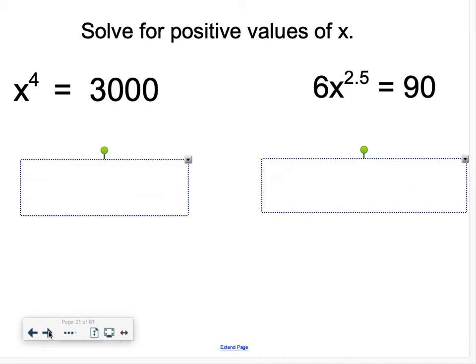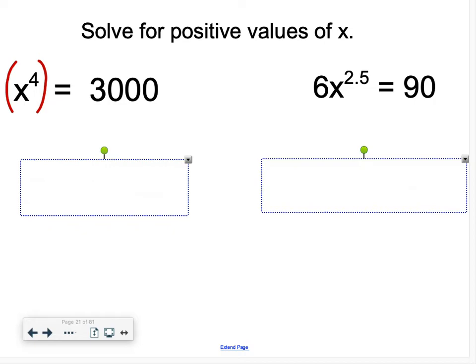Or if you think about it, how would you undo a 4th power? Well, you would do a 4th root. And we've talked about that with squares, right? How do you undo a square? You square root. Rather than doing that, just for the sake of those that might have an 89 calculator, where it's not as easy to just 4th root something, I'm going to think about reciprocals in terms of exponents.